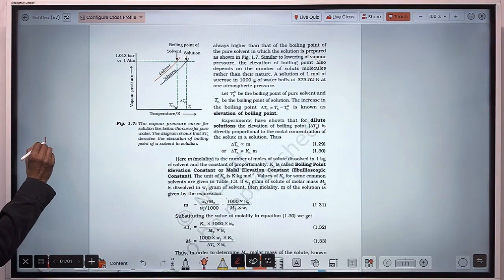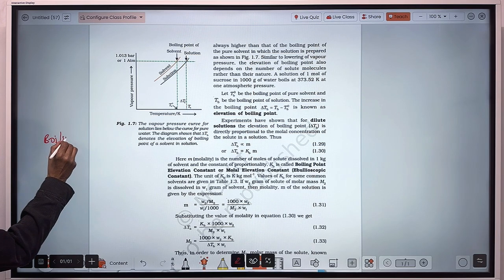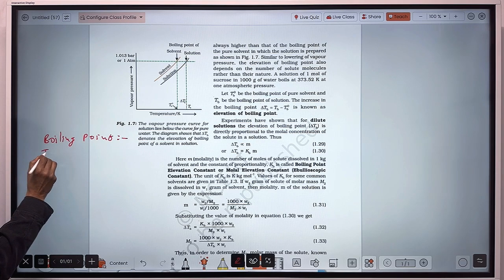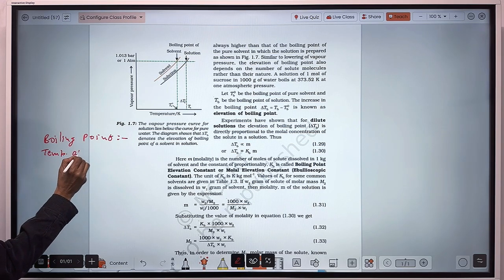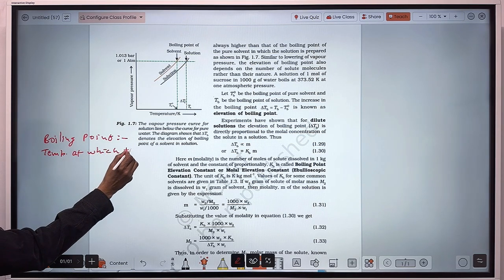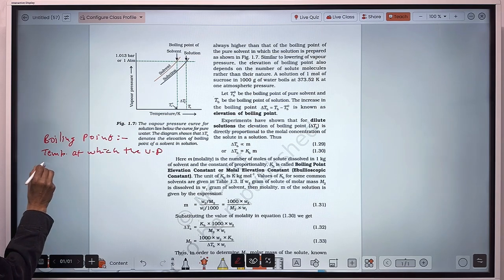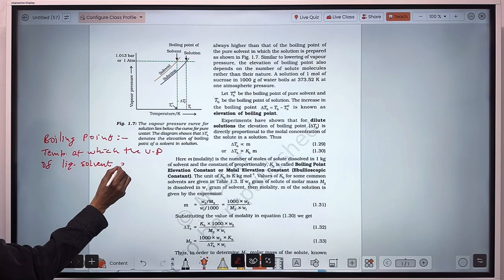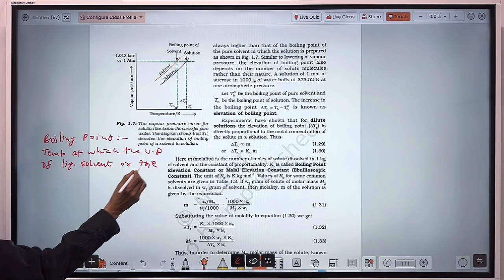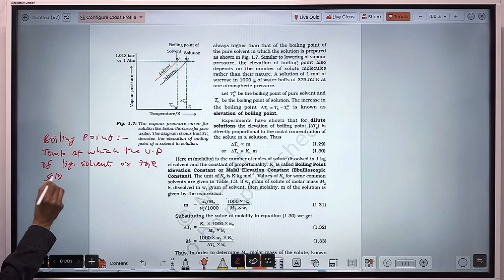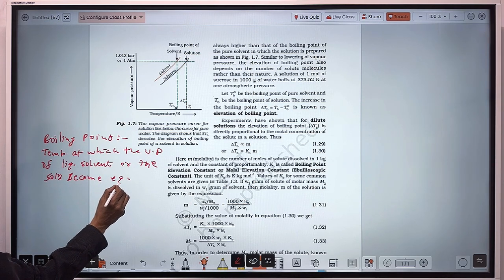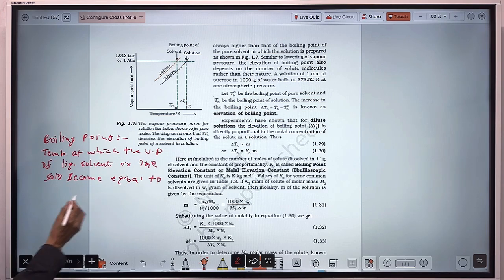So, boiling point is the temperature at which the vapor pressure of the liquid solvent or the solution becomes equal to atmospheric pressure.